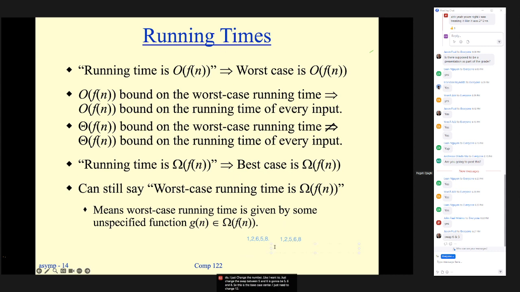But let's see. If I have these, look at this one. What should I do if I want to sort this?